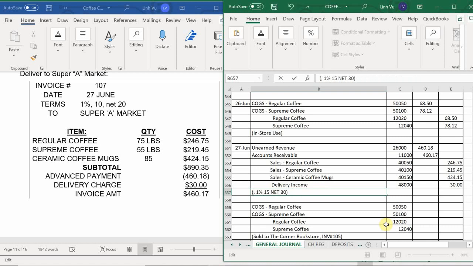Super A Market, Invoice 107. I believe it's 1%, 10, net 20.